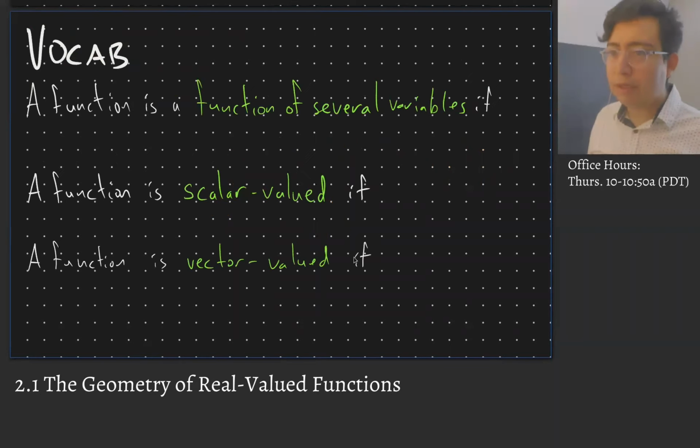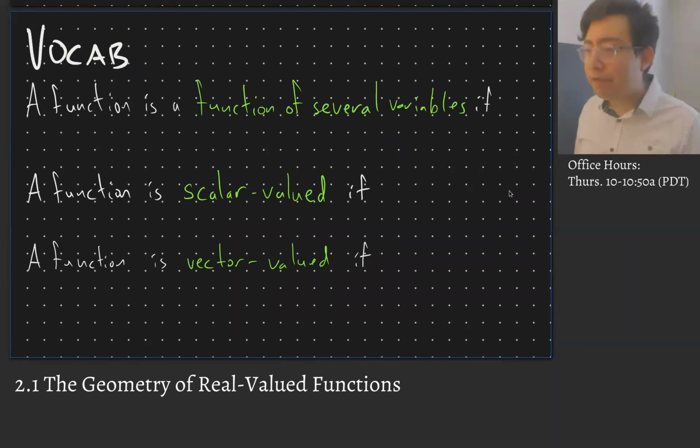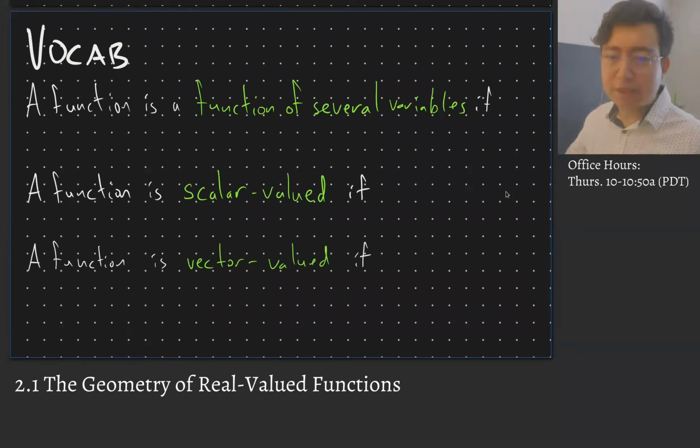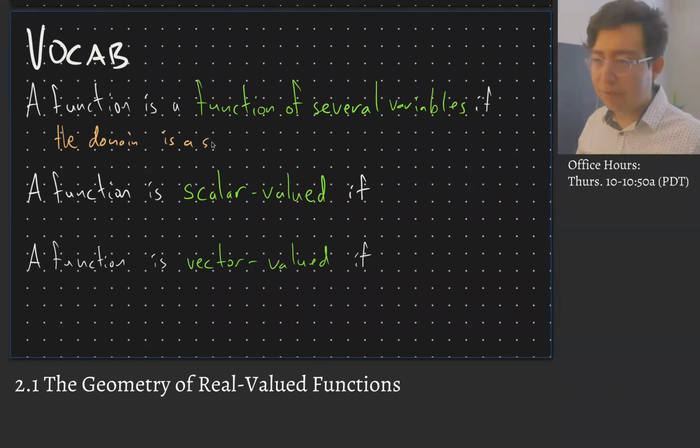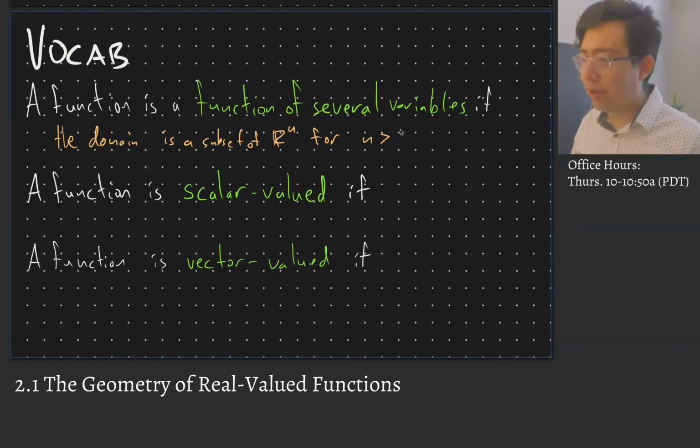Cool. So just some vocab that we use. We call a function of several variables. So you may have heard this class referred to as multivariable calculus. I think that's what it's officially listed as. If the domain is a subset of R^n for n bigger than 1.